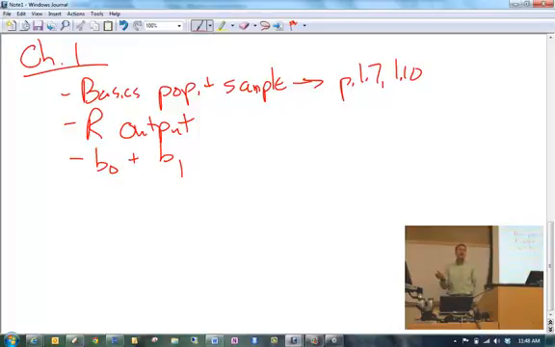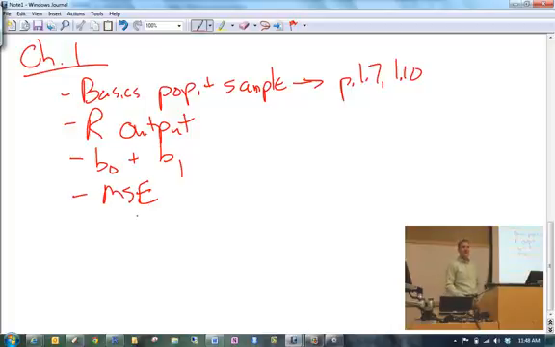Well, they're estimates of beta 0 and beta 1. Of course, then how do you interpret B0 and B1 as well? And then we looked at some properties of these estimators, such as the expected value of B1 is equal to beta 1. Why is that good? So make sure you understand that.